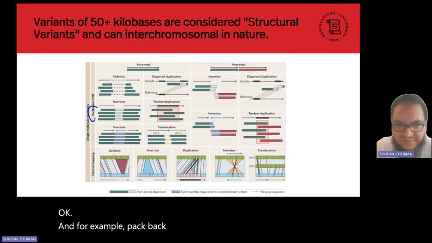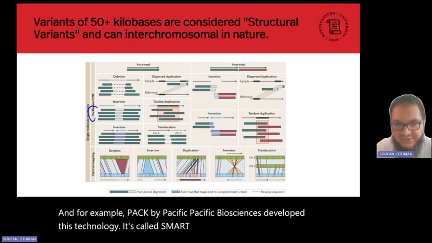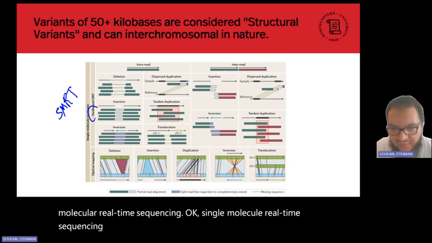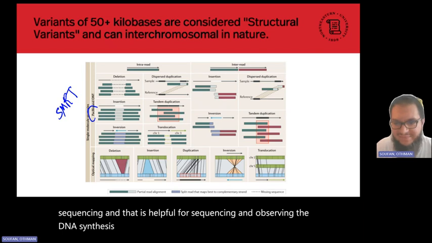Pacific Biosciences developed this technology. It's called SMRT, or smart sequencing. It is single molecule real-time sequencing, okay? That is helpful for sequencing and observing the DNA synthesis in real time.